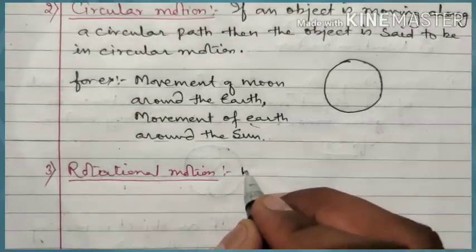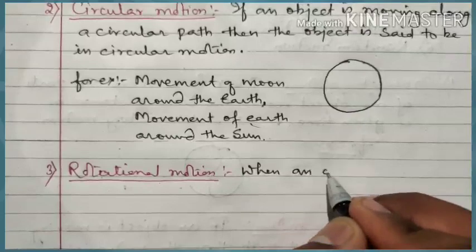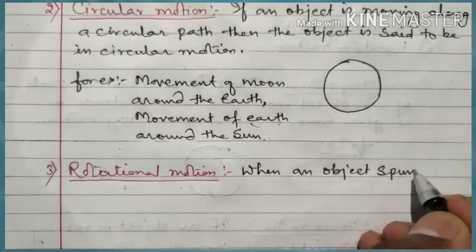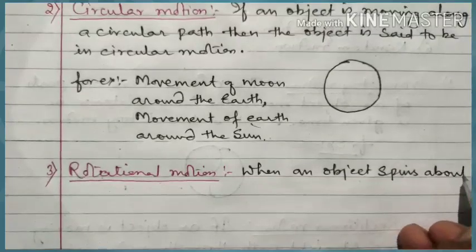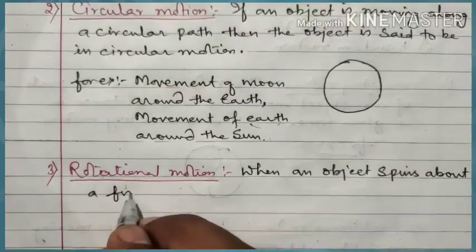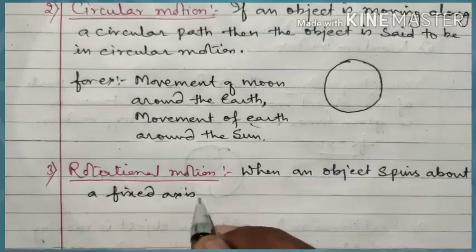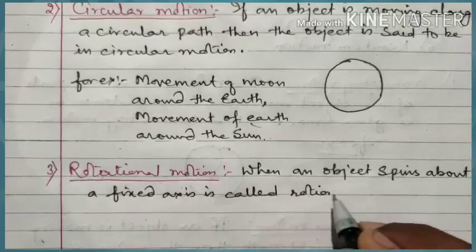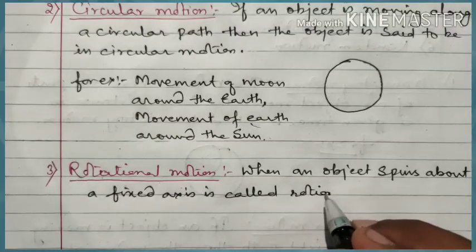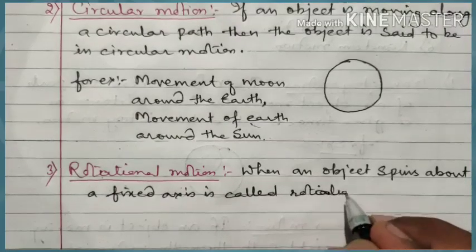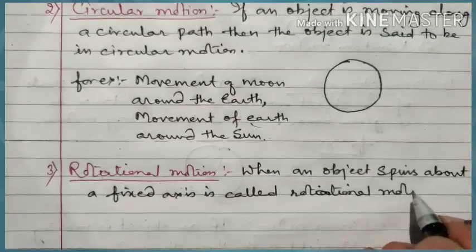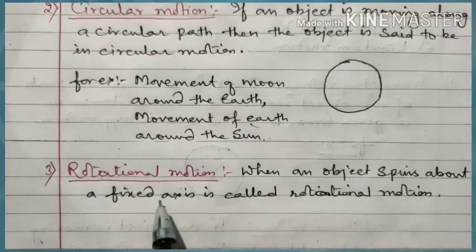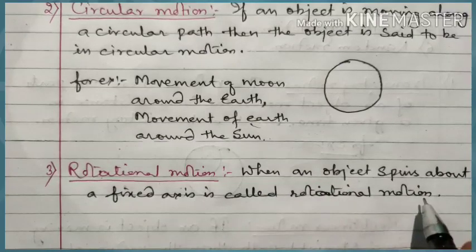We can say when an object spins about a fixed axis, it is called rotational motion. By definition: when an object spins about a fixed axis, it is called rotational motion.